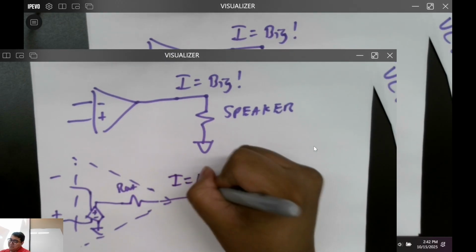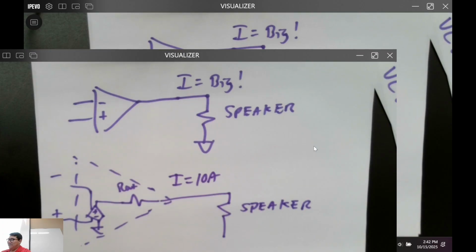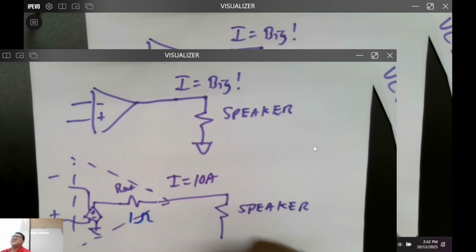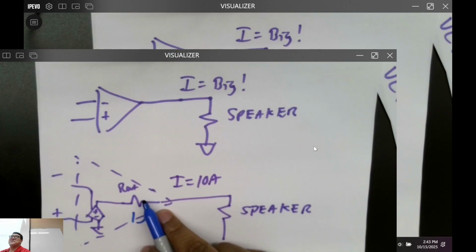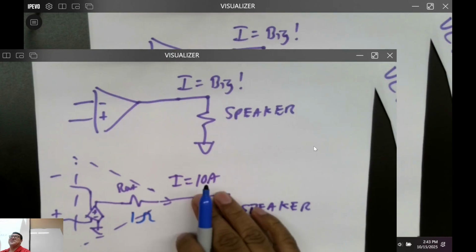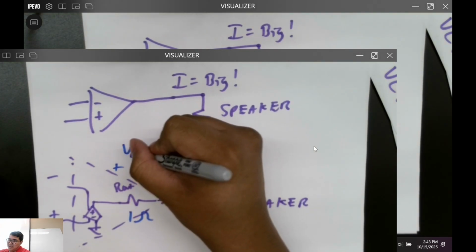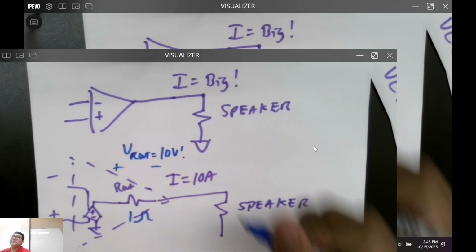If this resistance right here was 1 ohm, and I have 10 amps going through that 1 ohm resistor, what's our voltage drop? 10 volts. V R out is going to equal 10 volts.